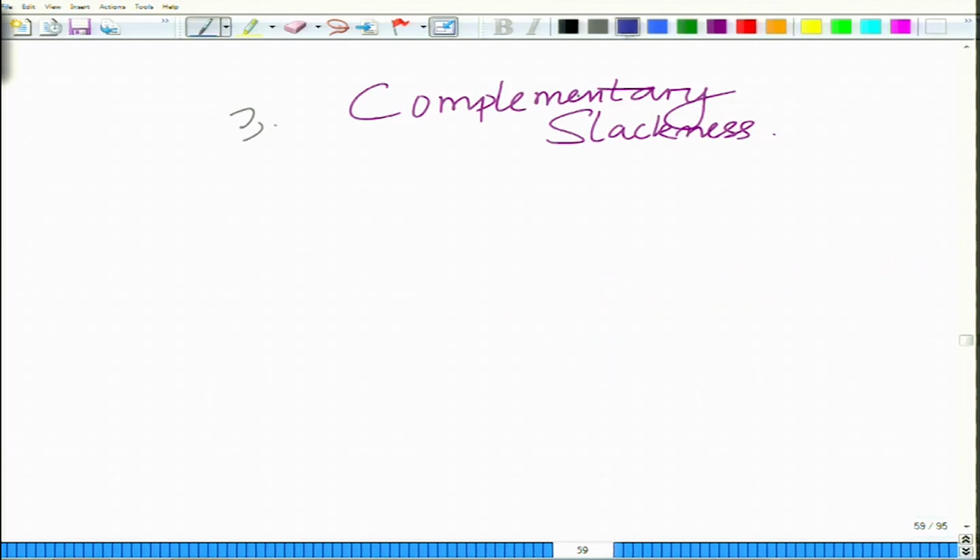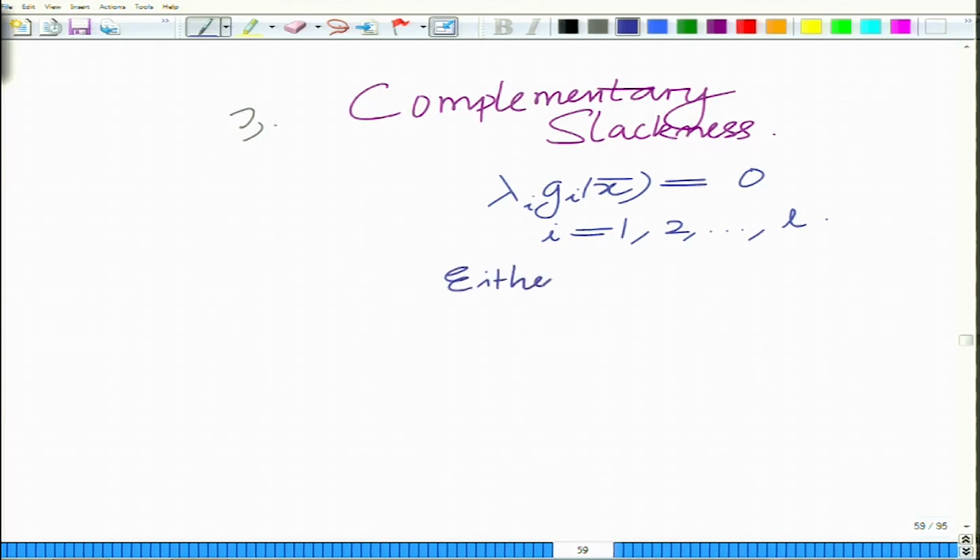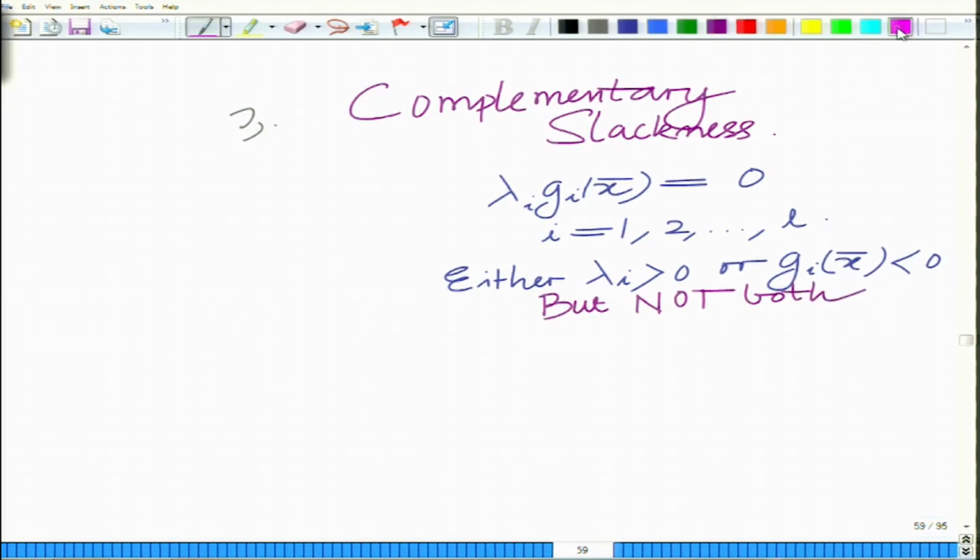So, the complementary slackness we have already seen, that is lambda i into G i of x bar equals 0, i equals 1 up to L, that is either lambda i equals 0 or G i of x bar equals 0; either lambda i greater than 0 or G i of x bar less than 0, that is either is slack but not both.